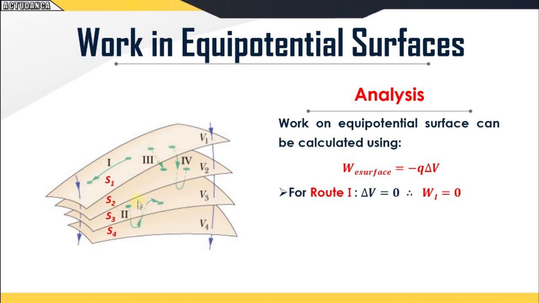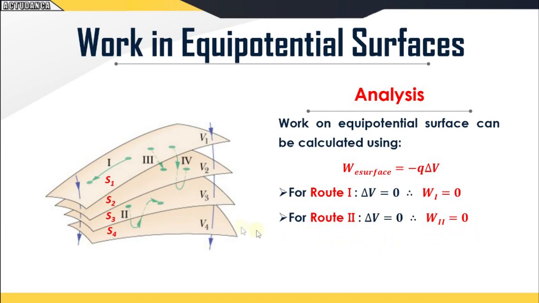Regardless of the path, regardless sa ruta na dinaanan niya, pareho pa din ang ating potential. V3 pa din yan on all points sa ating surface number 3. And with that, ang ating potential difference ay 0 and therefore, ang ating resulting work will also be 0.